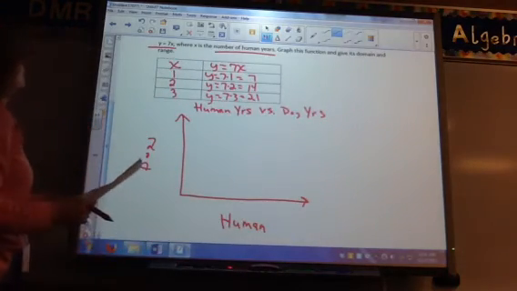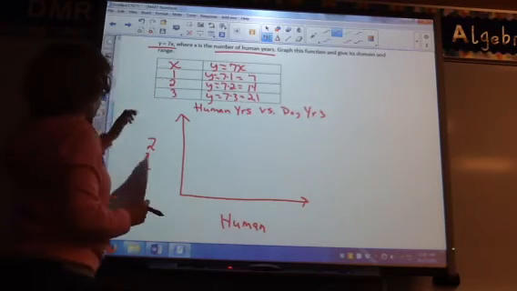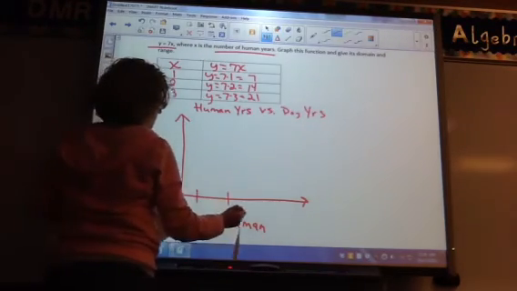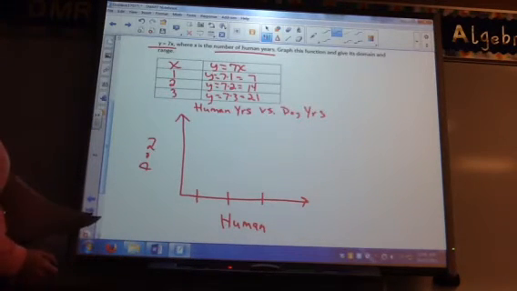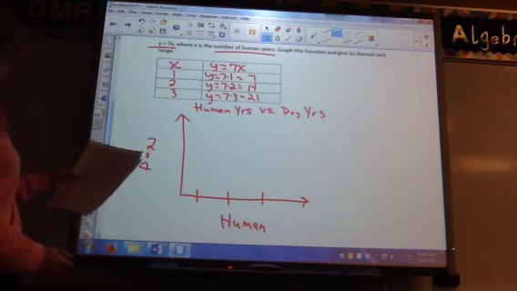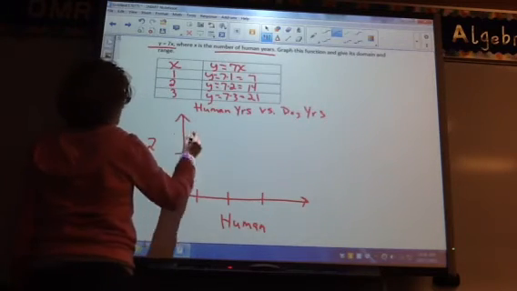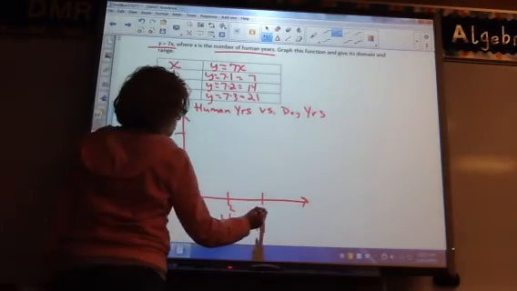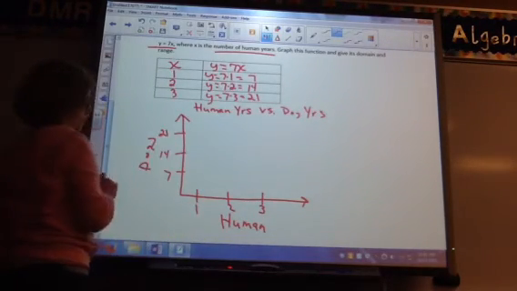Okay, so x is the number of human years. X goes from 1, 2, and 3. Y must represent dog years. It goes by 7s. Okay, 7, 14, 21.